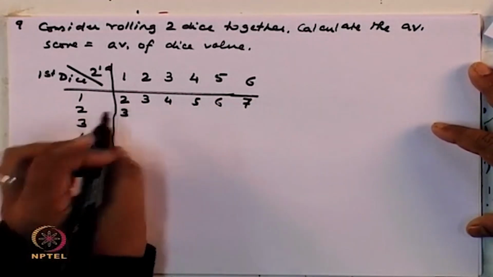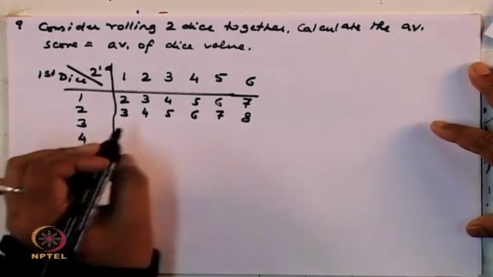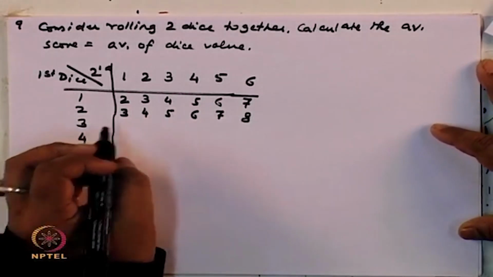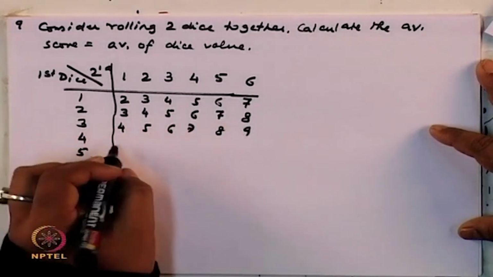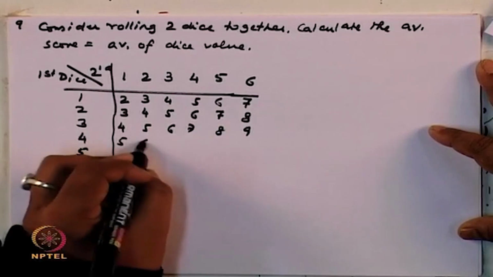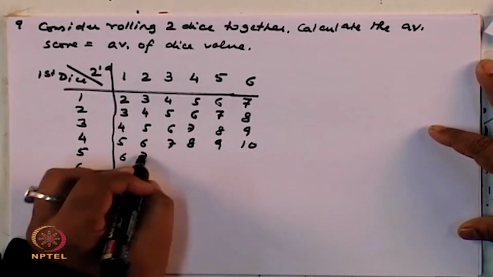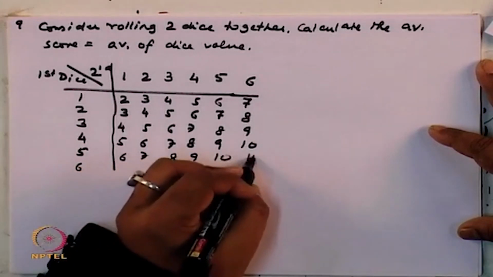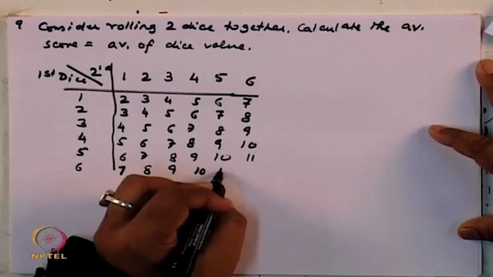For the next row it is 3, 4, 5, 6, 7, 8, then 4, 5, 6, 7, 8, 9, then 5, 6, 7, 8, 9, 10, then 6, 7, 8, 9, 10, 11, and 7, 8, 9, 10, 11, 12.